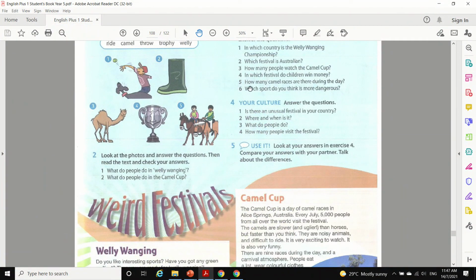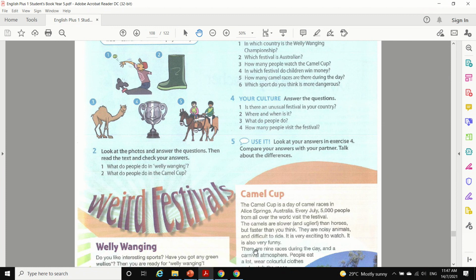Next: how many camel races are there during the day? Just now we mentioned there are nine races.